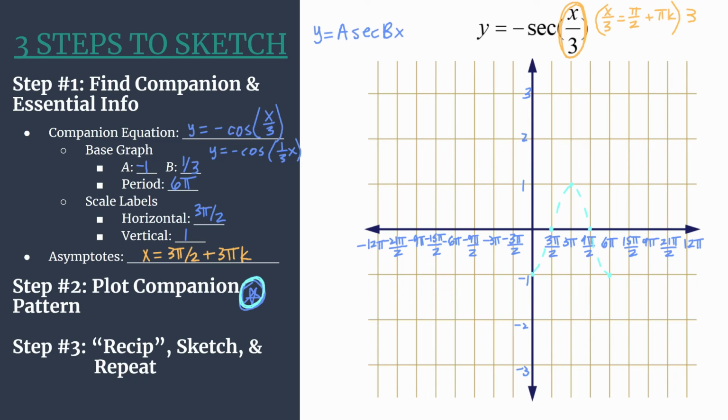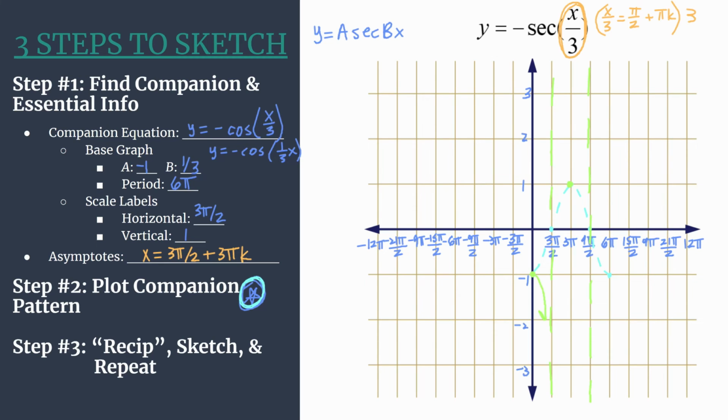So let's put on some basic points here to show our secant graph points. This minimum for our companion equation becomes a local maximum. Our original x-intercepts become vertical asymptotes. Let's put both of those on there from this cycle. And then this maximum turns into a relative or local minimum.